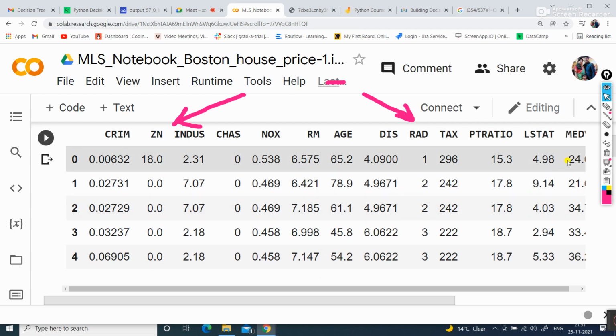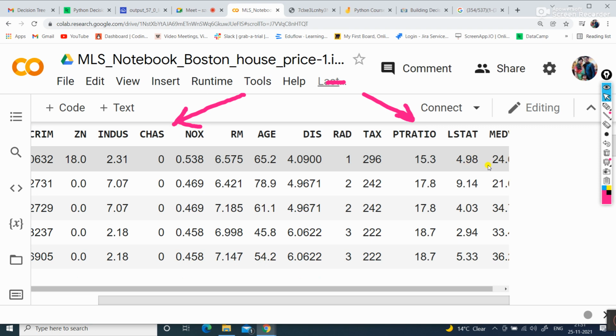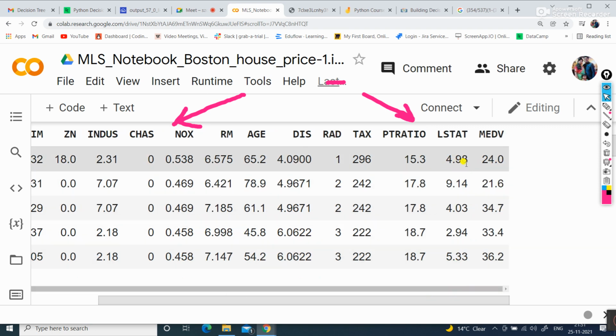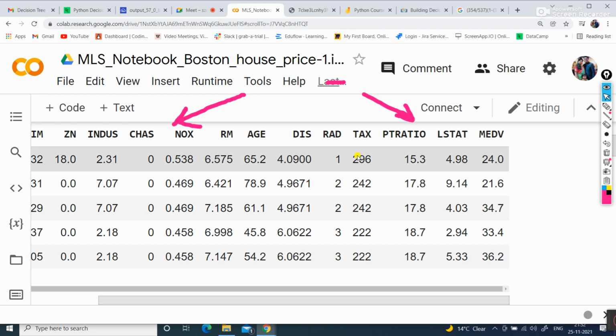It will read the first row, which has 4.98, and it goes to the left. It reads 9.414 and goes to the left again, again, and again. The median row also goes to the left. So this entire row is going to the left.